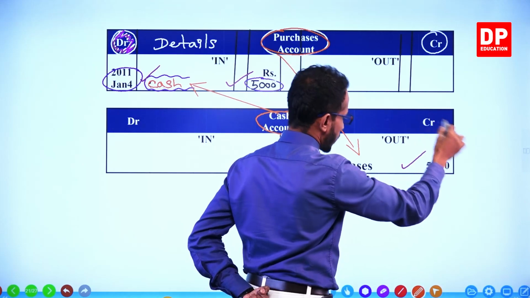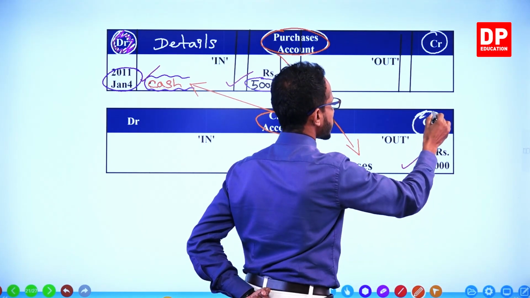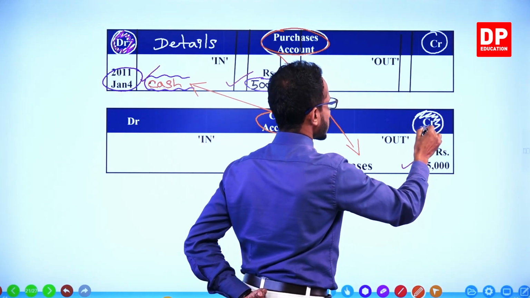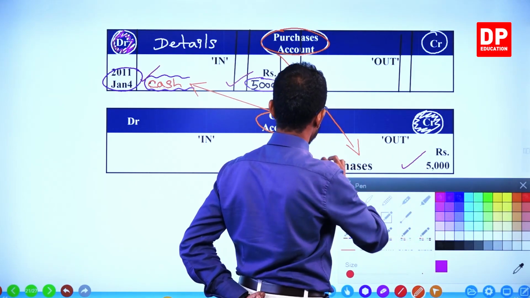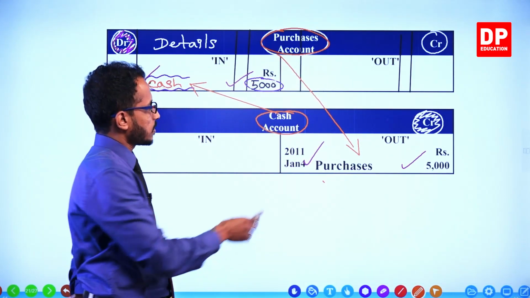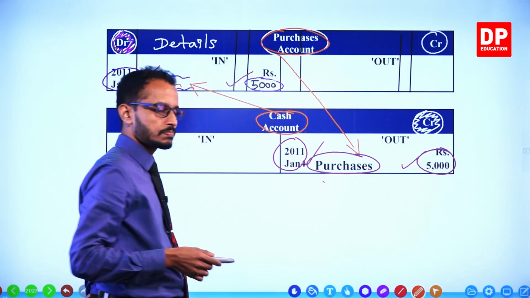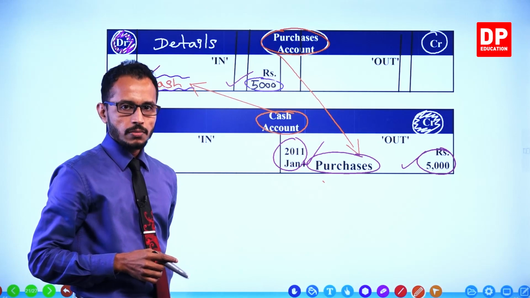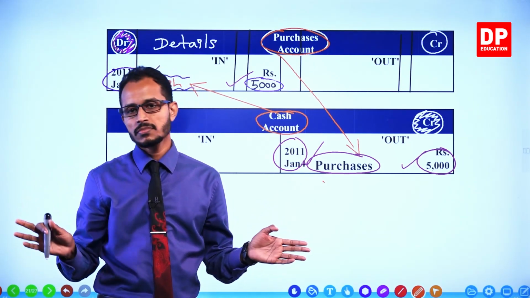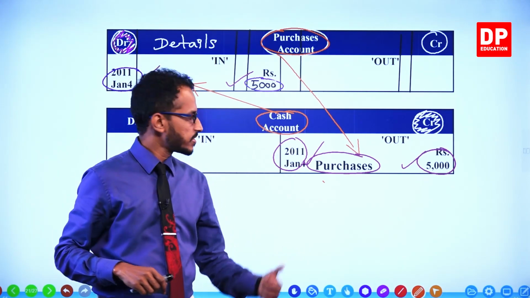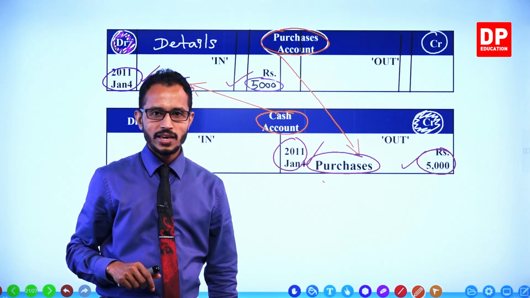Second entry in the credit side. Done. Date, details, amount, everything is recorded. That's it, children. End of story. That is recording the double entry of a transaction.